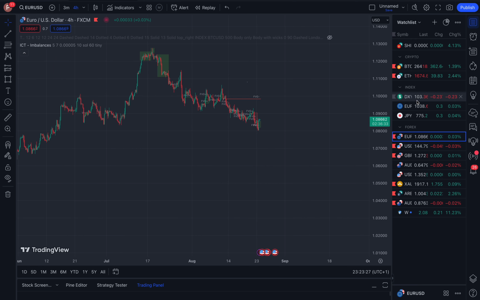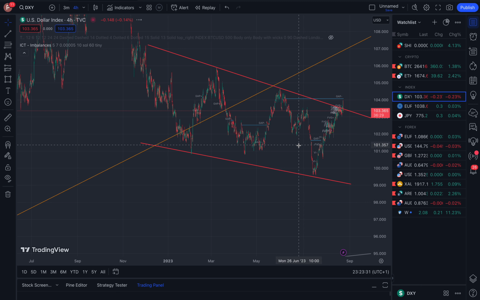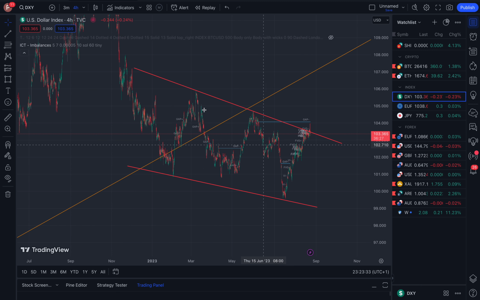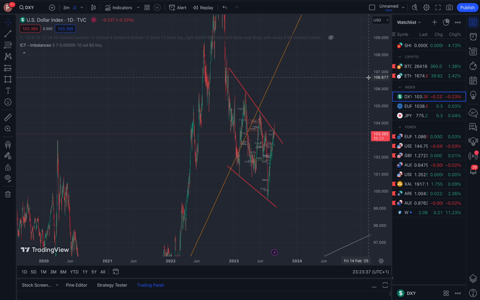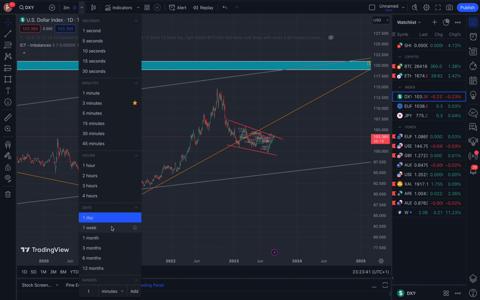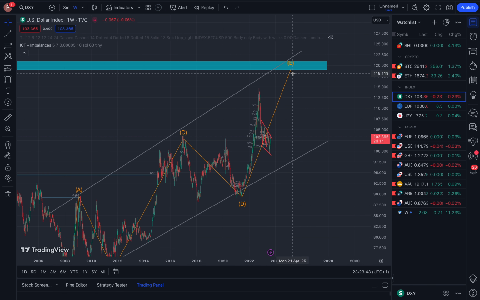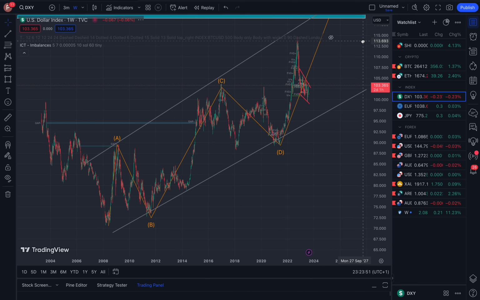However, I think it is worth noting that the Dixie is in a bit of a falling wedge here. As much as I do not agree with wedges, I did think I made a video a long time ago saying how I think the dollar is due to go to 120, and how we've been sort of in this linear progression from about 2008.